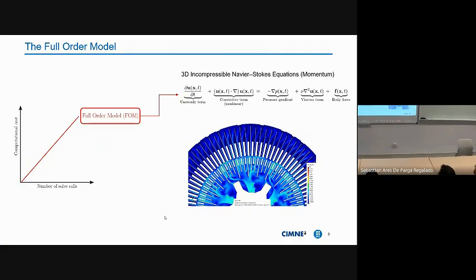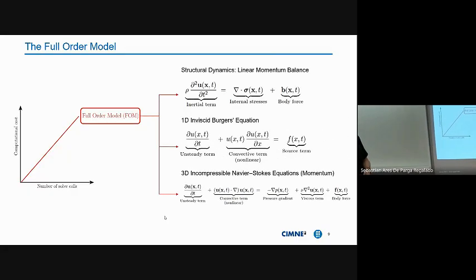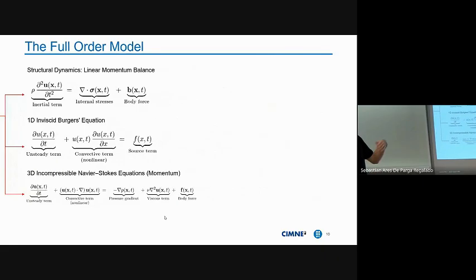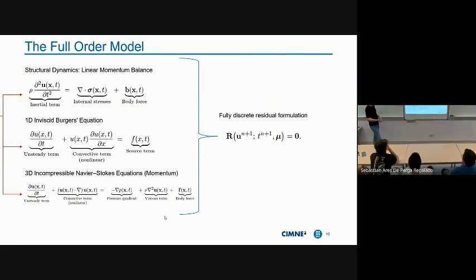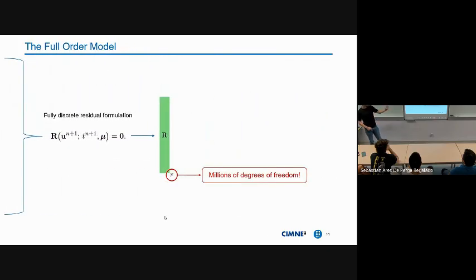All of them can be fully discretized by the use of finite elements, finite volumes or finite differences into a fully discrete residual formulation, which can also be seen as a vector-wise residual that has millions of degrees of freedom.